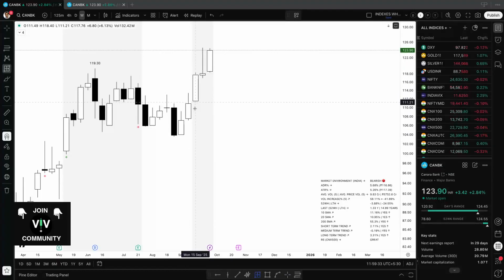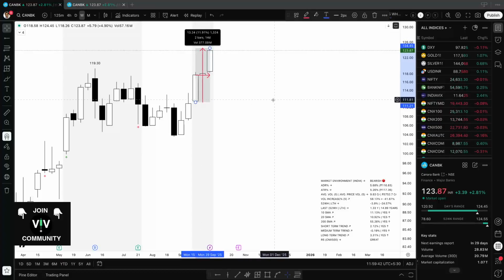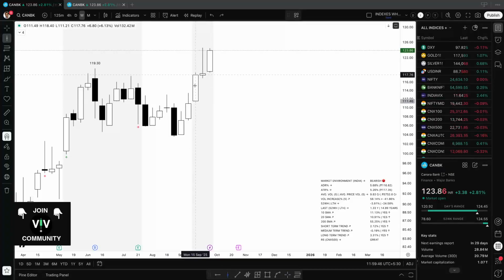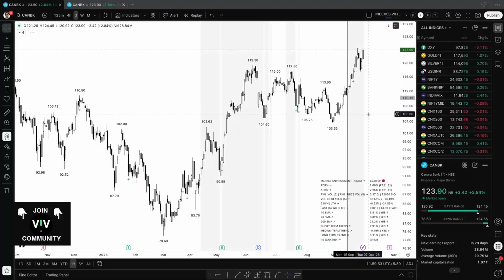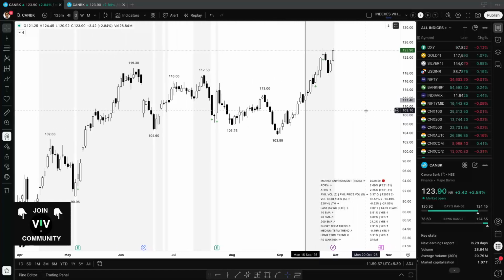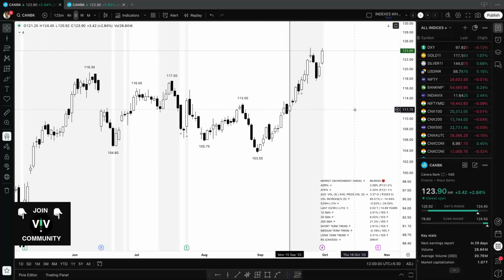You can see once the background started, the stock has already given almost 12% return. So this week your trend started on the weekly chart. Fine. Now we have to see where we can take the trade. Either if you are a breakout player or if you are a reversal player, you have to see.